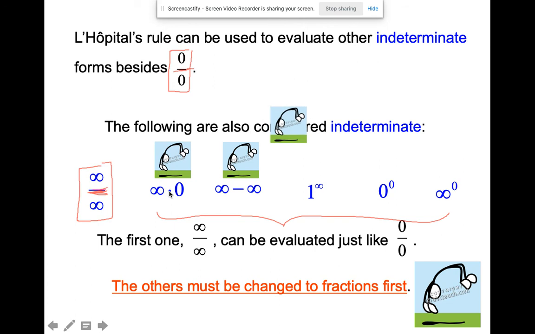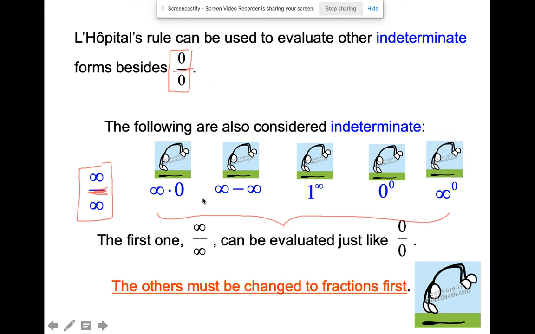Well, I can change any product into a fraction, right? Because multiplication, I can just change it into division by the reciprocal. I can take two things that are being subtracted and get a common denominator and make it into one fraction. Guess what it takes to turn any exponential expression into a fraction? Oh, you didn't see it coming, did you? Ah, it's going to take logs.